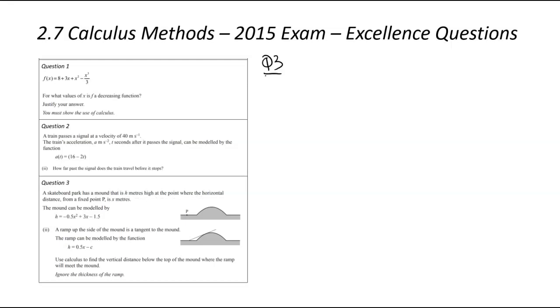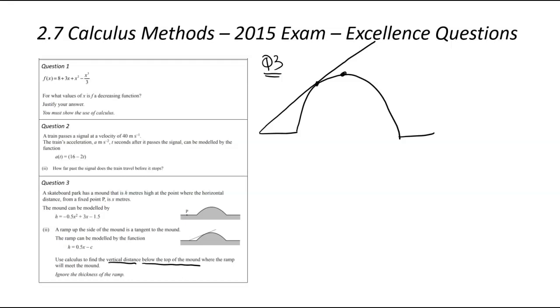So we're going to start by drawing a bigger diagram. There's our mound, and I'm just exaggerating the drawing to make it a bit easier. And here's our tangent. I guess this question is really tricky because it was very difficult to understand what it was asking. But it was asking for the vertical distance below the top of the mound.